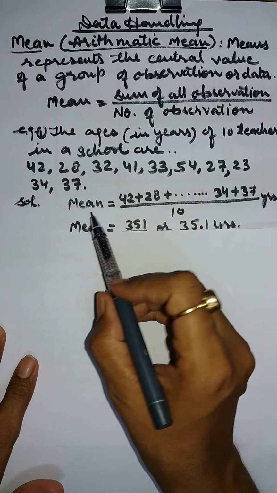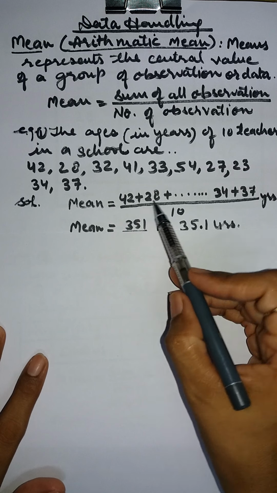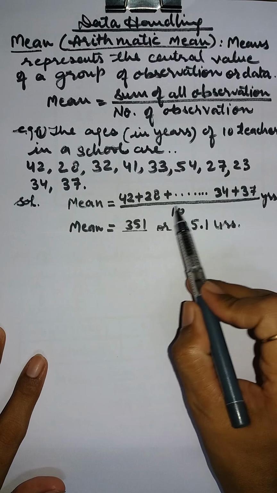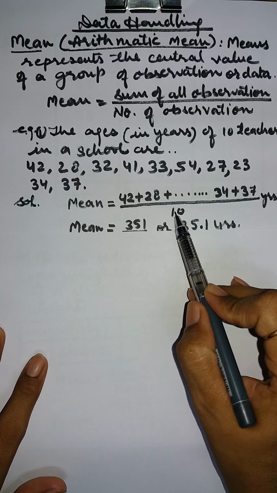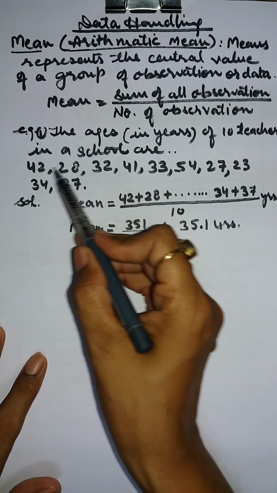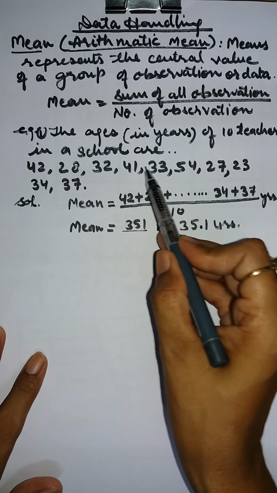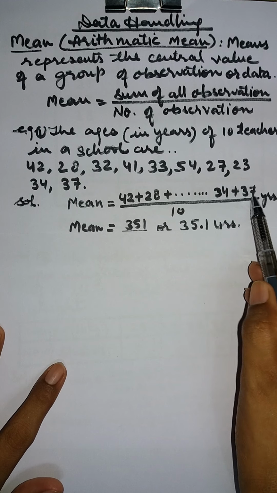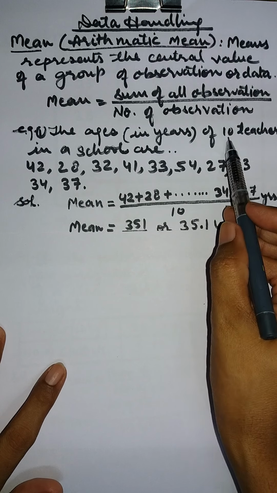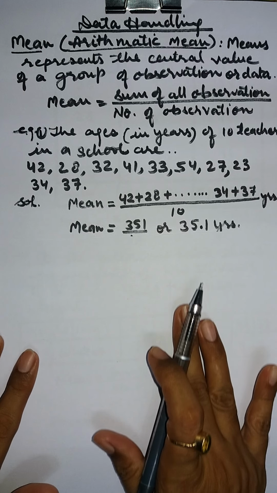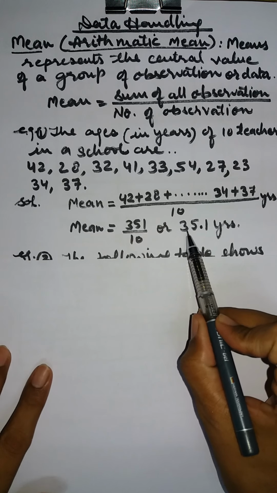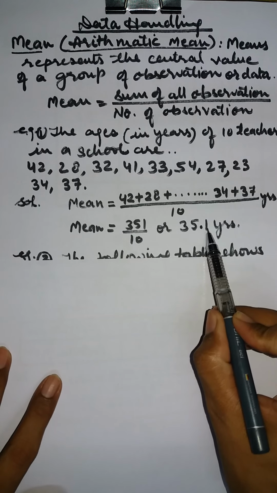We can say mean is equal to the sum of all the observations upon the number of observations. So we will add all these observations 42, 28, 32, 41 and so on, and we divide it by 10 and we get the average or the mean is 35.1 years.